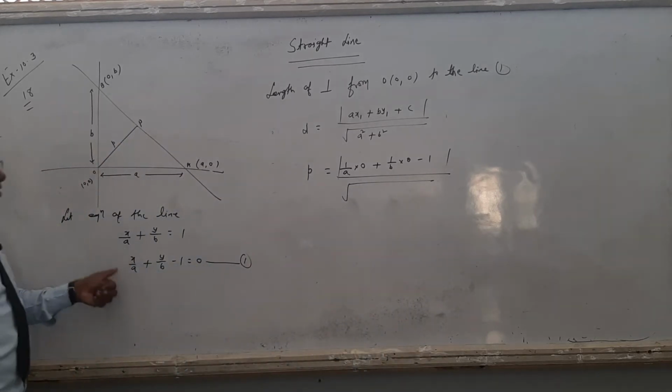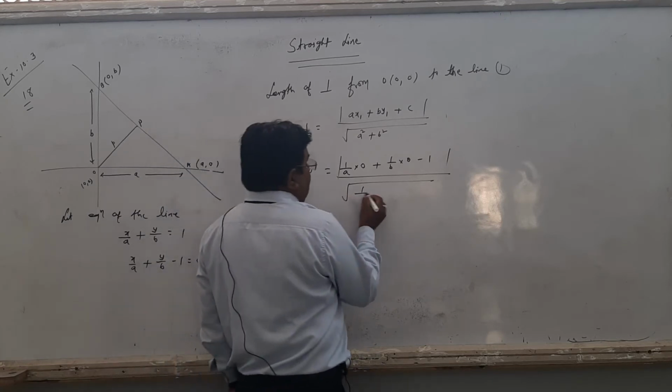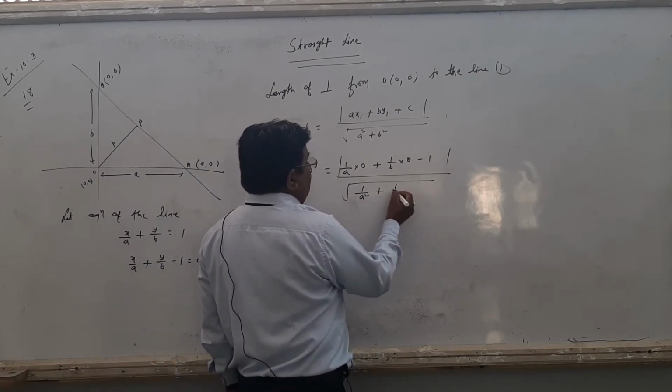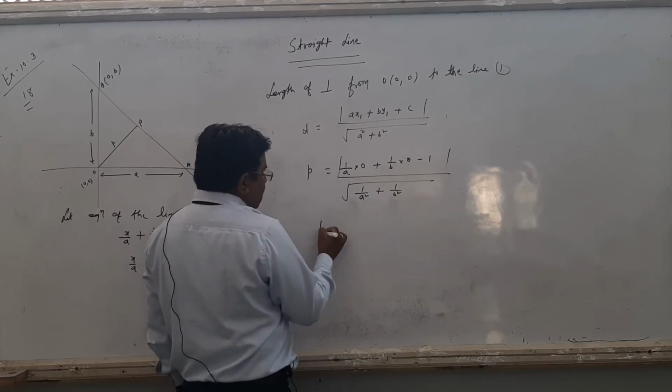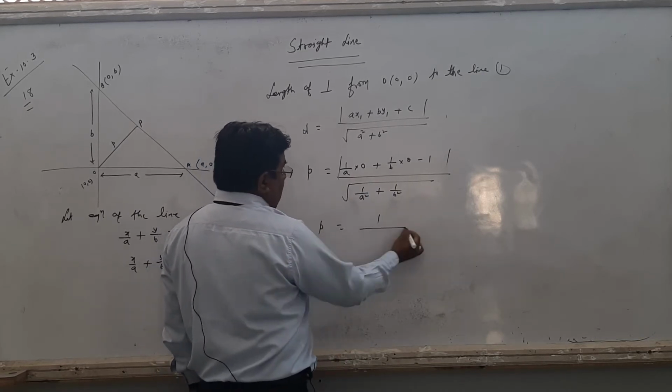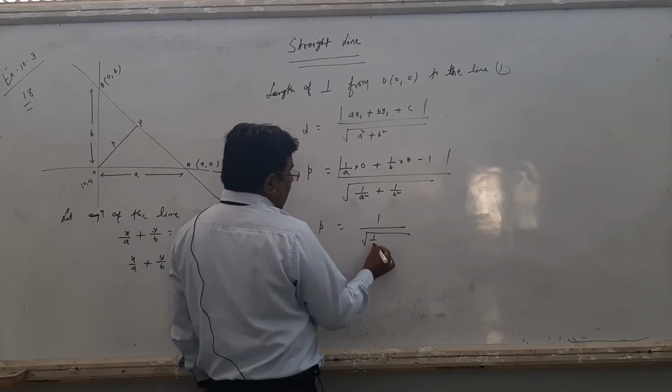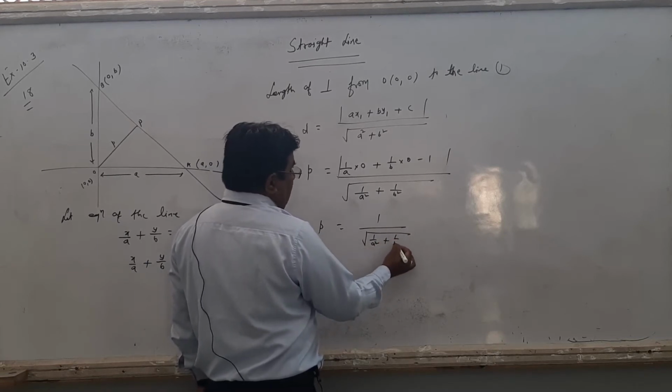That means the square of the coefficient of x, that is 1 upon a square, and the square of the coefficient of y, 1 upon b square. The first term is 0, the second term is 0, left is minus 1, but the modulus makes the negative value positive. So the root of 1 upon a square plus 1 upon b square.